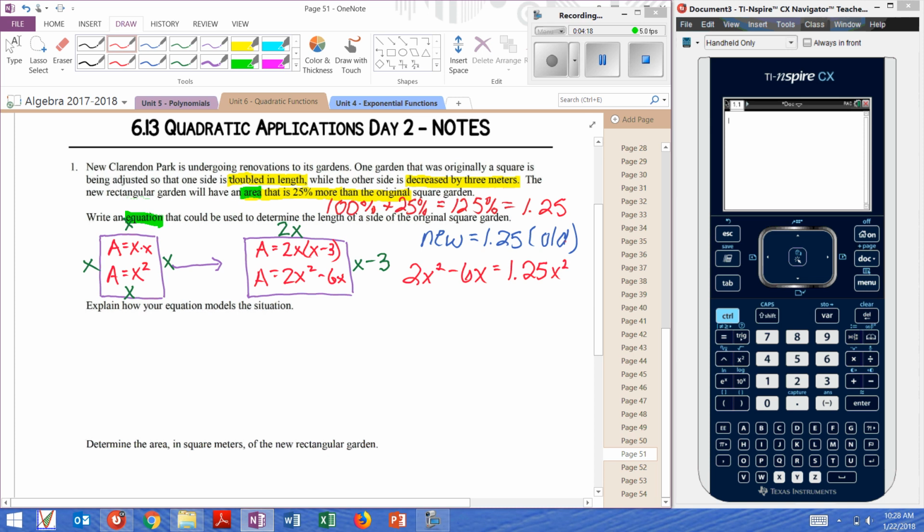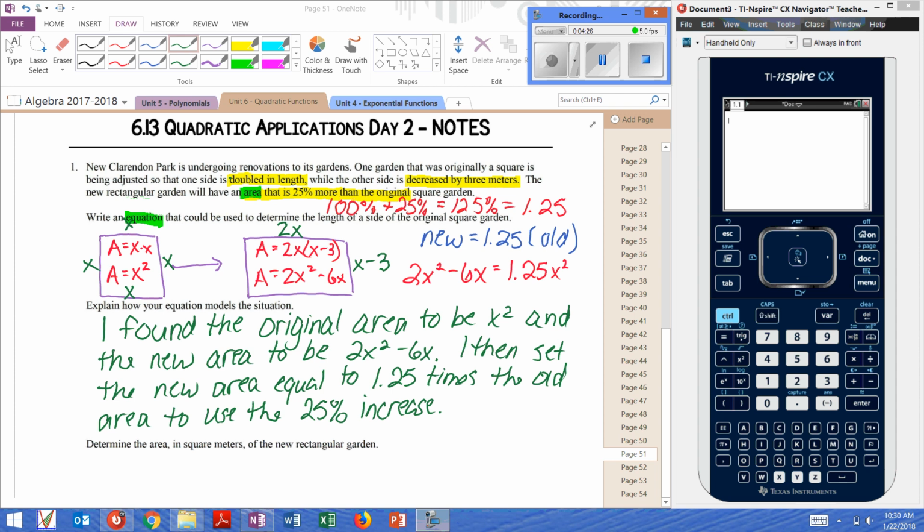Now we need to explain how our equation models the situation. Well, I'm just going to summarize what I just did in a couple sentences. Okay, so what did I do? I found the original area and then the new area, and wrote those out, and then set the new area equal to 1.25 times the old area because I wanted to make sure that I used the 25% increase, which they talked to me about.